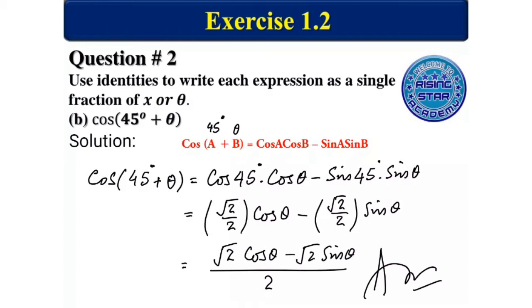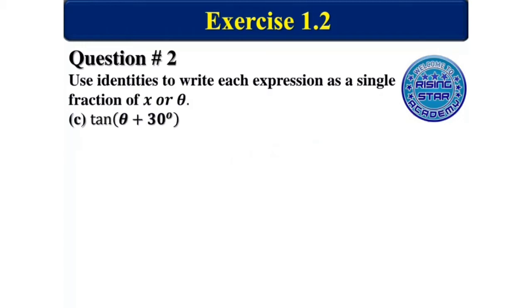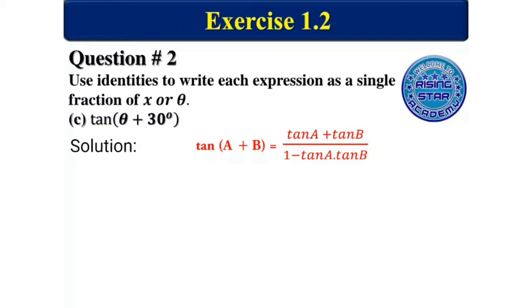So move to the next part now. In the next part we have tan of theta plus 30 degrees. So we will apply the identity of tan A plus B. My A value is theta, my B value is 30.